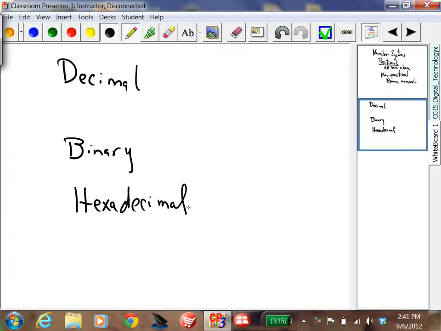All of these are positional number systems, okay? So what is the base or the basis of the decimal number system? And we'll call that B, okay? For the decimal number system, it's based on the number 10, okay? 10 is the base. In the binary number system, the base is 2. And in the hexadecimal number system, the base is 16.